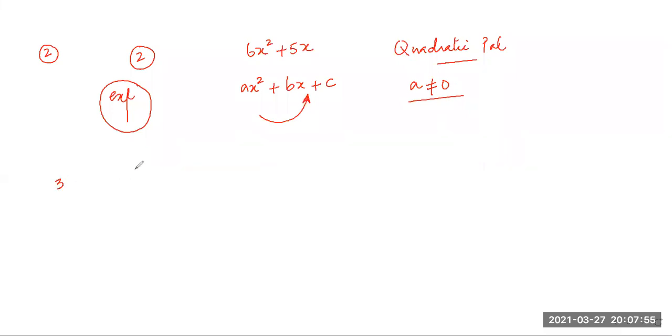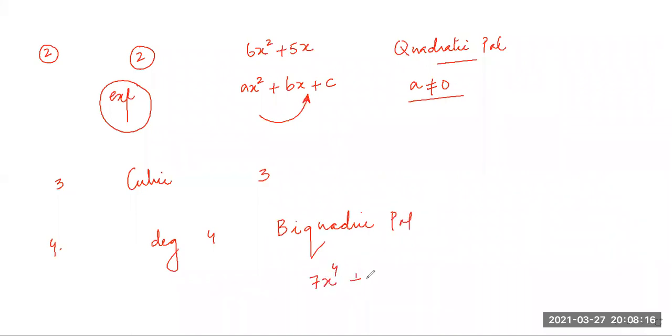Number 3, we have the cubic polynomial. It has degree 3. Number 4, we have a polynomial whose degree is 4. It's known as a biquadratic polynomial. For example, 7x raised to power 4 plus 5x squared plus 9 is a good example of a biquadratic polynomial.